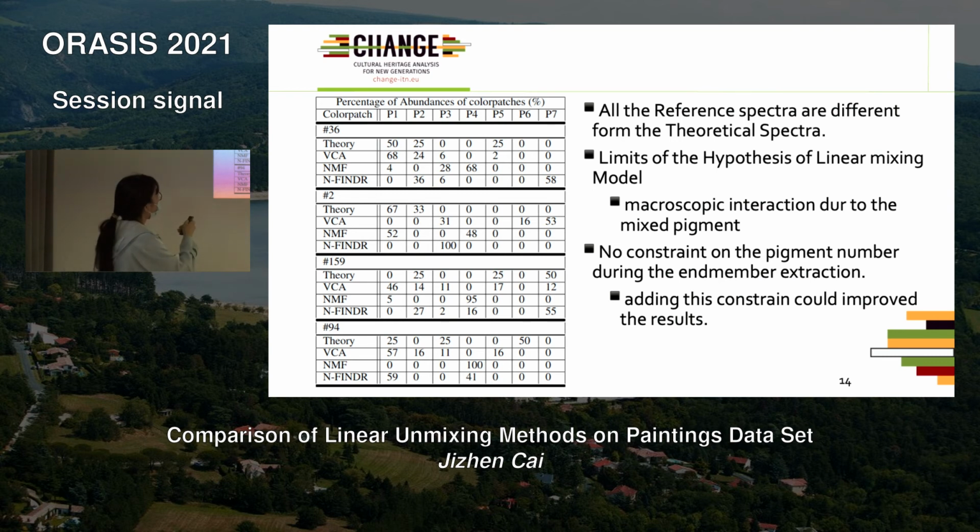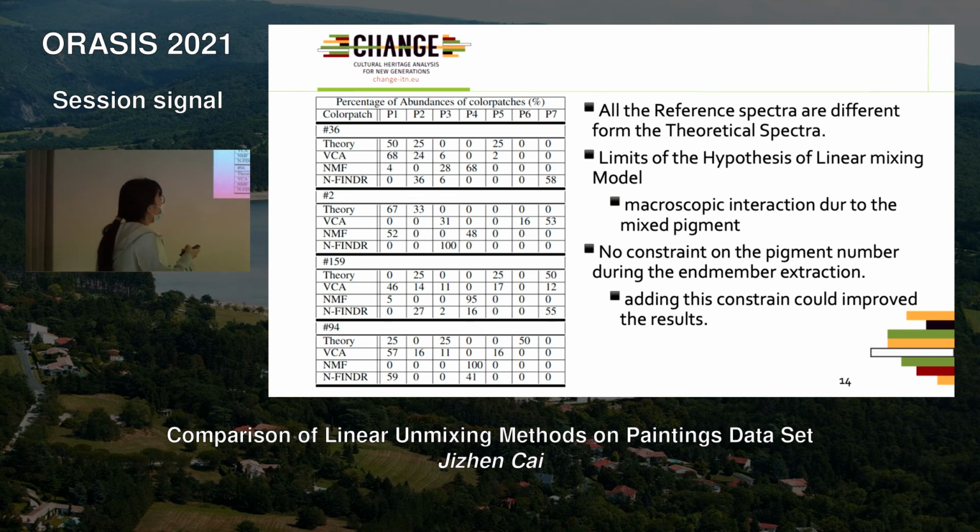We can notice that in some cases, for example for color patch 94, the estimation of NMF is somehow an outlier. It's because, as I mentioned, in fact there is some interaction between the different pigments, but so far the model assumes that there is no interaction between them.